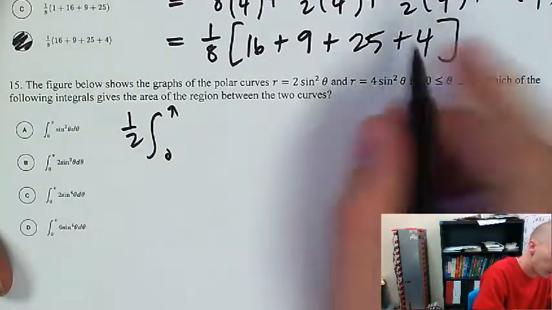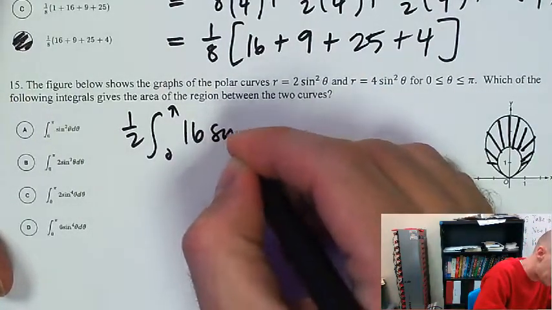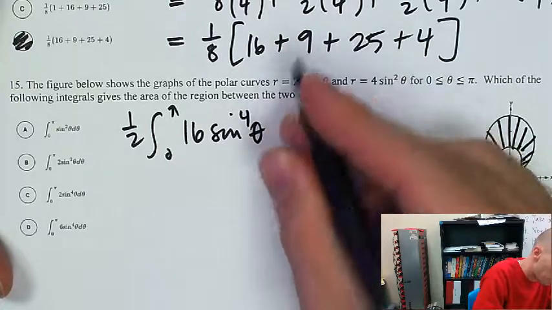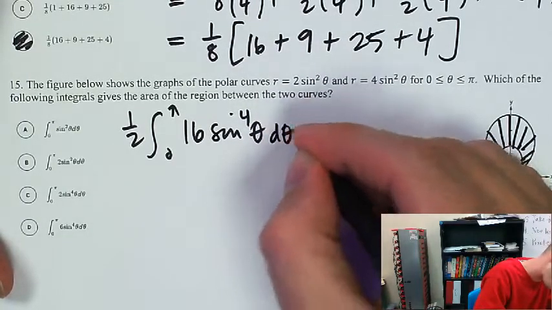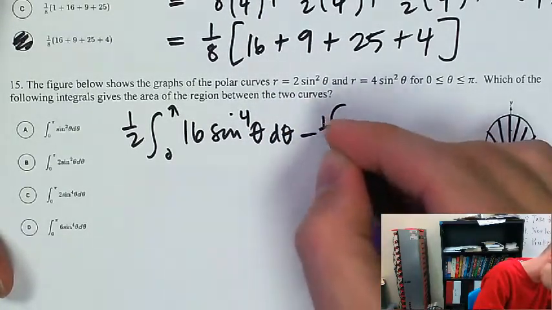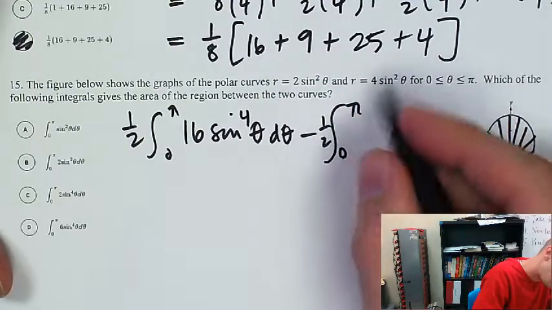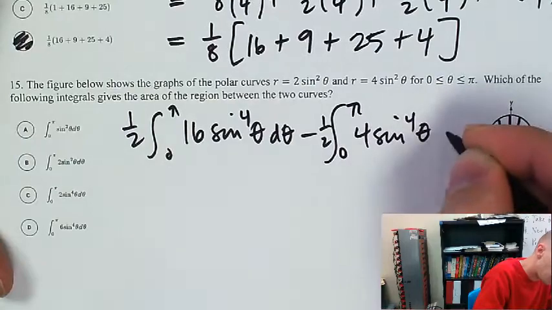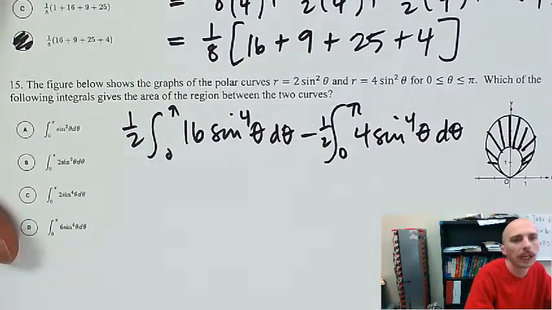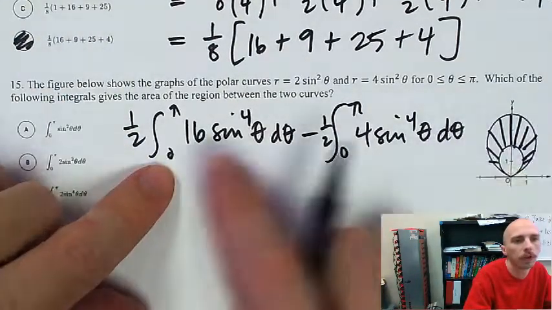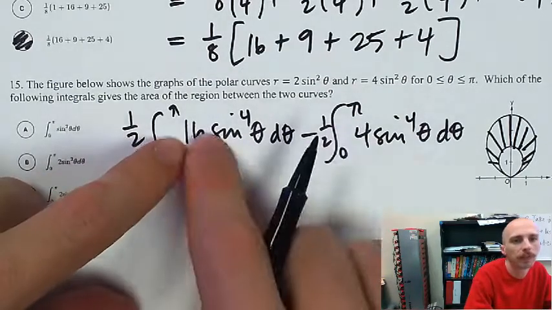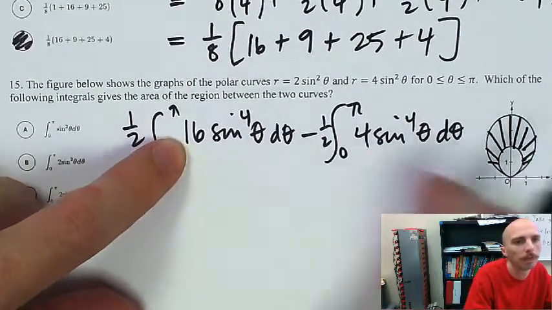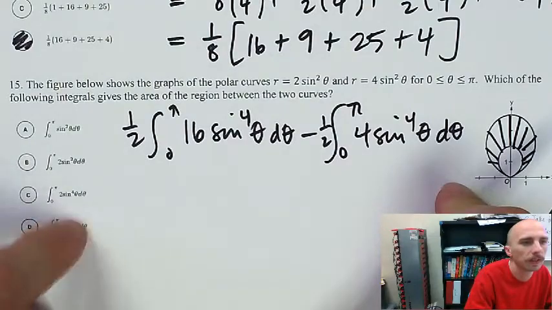So if I square that, that would be 16 sine to the 4th power of theta minus 1/2 of the integral from 0 to pi. If I squared this, I'd get 4 sine 4th. Okay, and then if I took these, I'd have half of 16 minus 4, so it'd be half of 12, which is going to be 6.